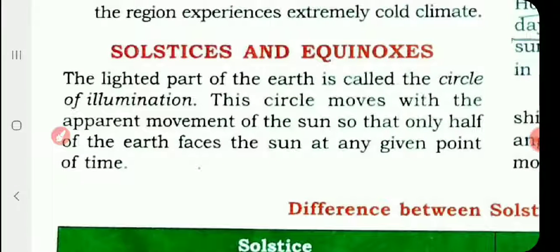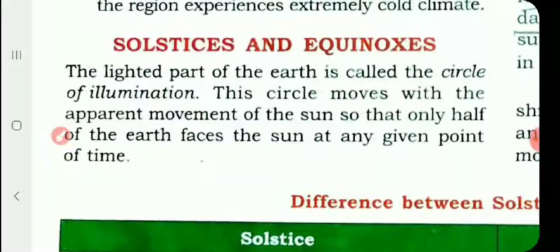Now let us see what solstices and equinoxes are. Solstices mean the longest day which experiences sunlight, and equinoxes mean the equal day on the surface of the earth. The lighted part of the earth is called the circle of illumination.